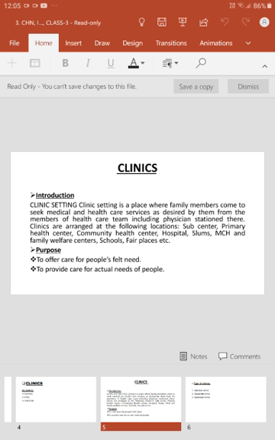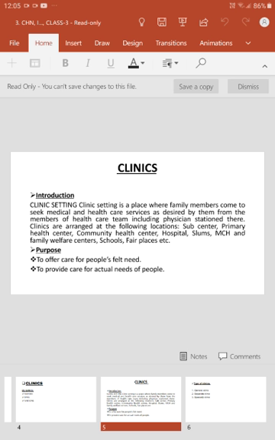Once more I am telling, clinics are there in all localities, in the form of sub-centers, primary health centers, community health centers, hospitals, slum areas, maternal child health services centers, family welfare centers, and in schools or fair places, where it is safe or sterile, we can maintain good clinic setups. There we can see a physician as well as a nurse giving the medical as well as the healthcare services.